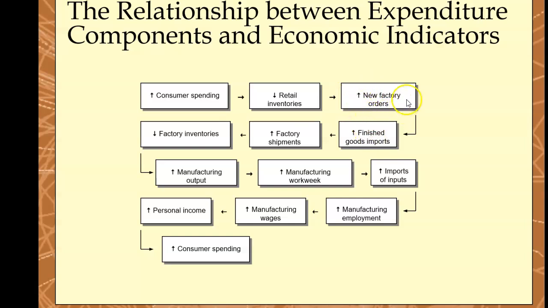Well, if there are new factory orders, you could expect new shipments from those factories. Now, as factories produce more, factories also carry inventories, and you would expect their factory inventories to fall.